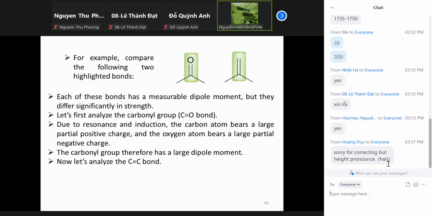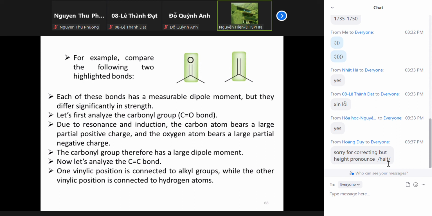It is different when you look at the CC double bond. One vinylic position is connected to alkyl groups, and the other vinylic position is connected to hydrogen atoms.